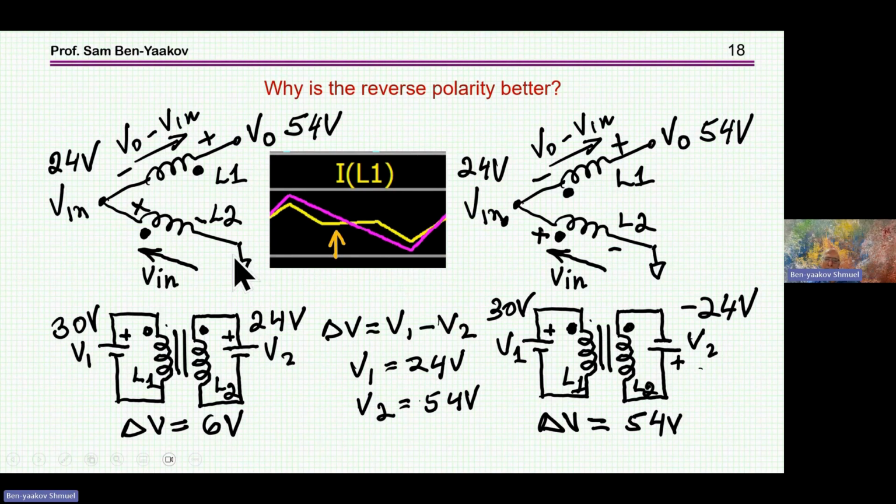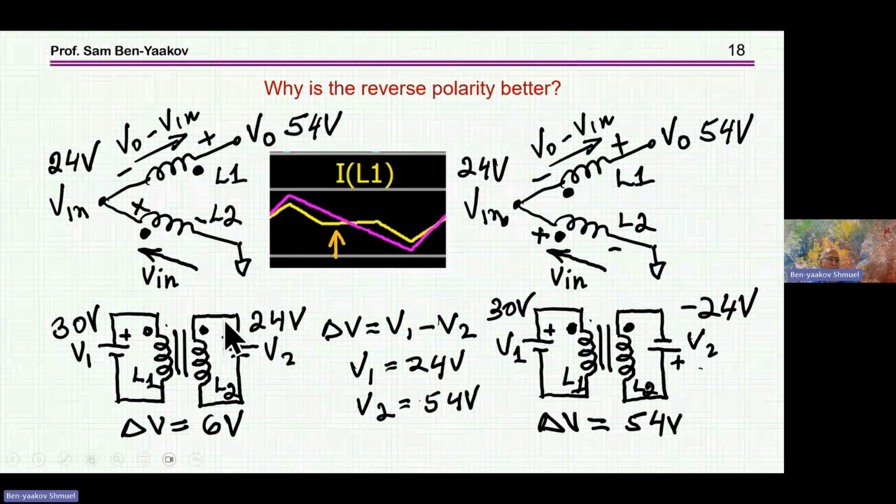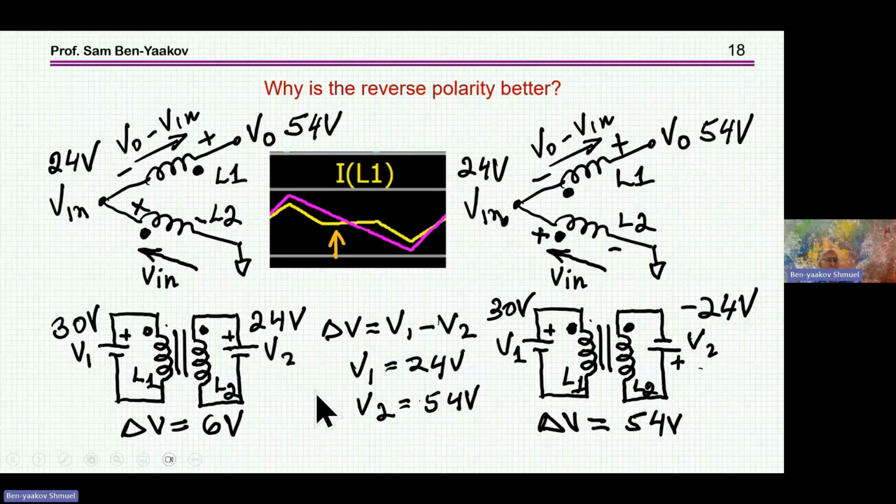So let me try to explain it in an intuitive way. You can write tens, if not hundreds of equations here, and then get another equation that you have to solve. Let me try to explain it so that we understand what is really going on here in an intuitive way.